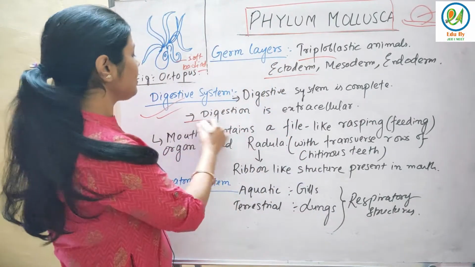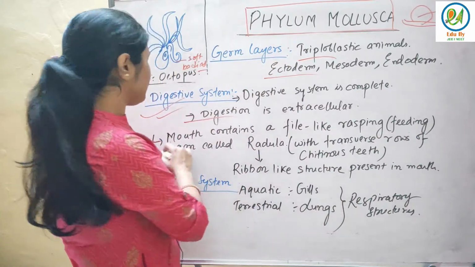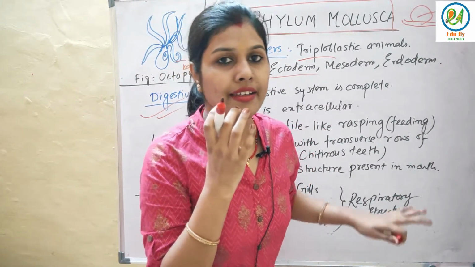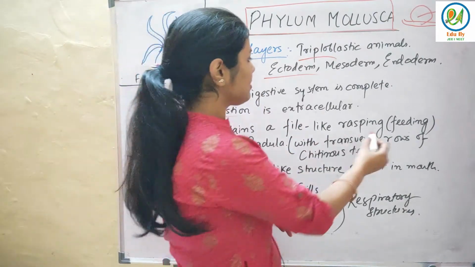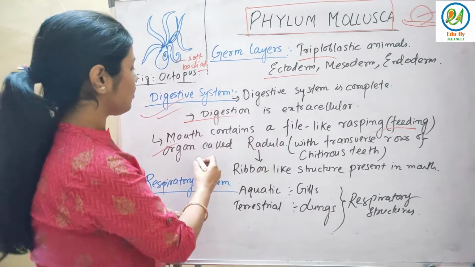Fine. Digestion is always extracellular in case of mollusk. See, in case of mollusk, their mouth contains a rasping organ. Rasping means feeding; a rasping organ is a feeding organ. What is present on it? Radula.